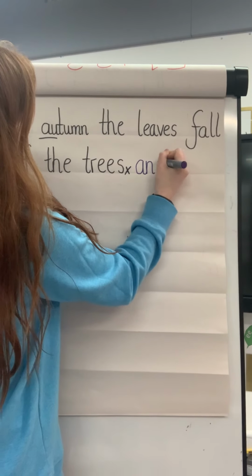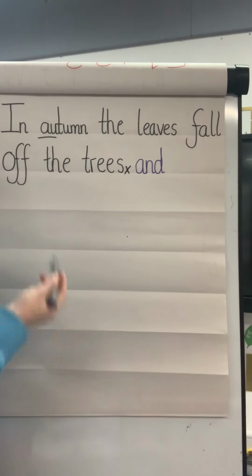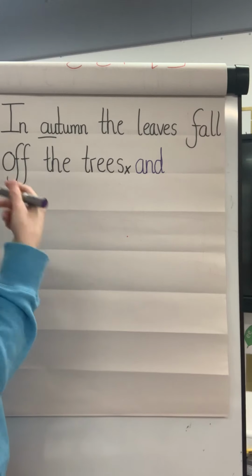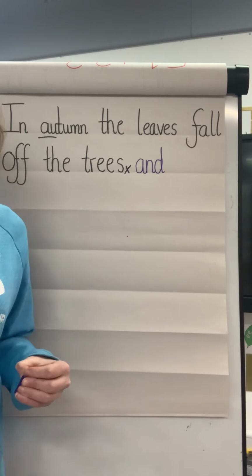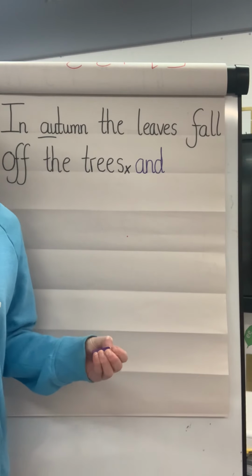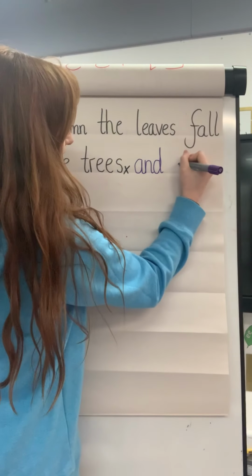You might describe what the weather's like. You might say, and it's my birthday. So in autumn, the leaves fall off the trees and it's my birthday. In autumn, the leaves fall off the trees and it's very, very cold. In autumn the leaves fall off the trees and it rains a lot. So I'm going to put and it rains a lot.